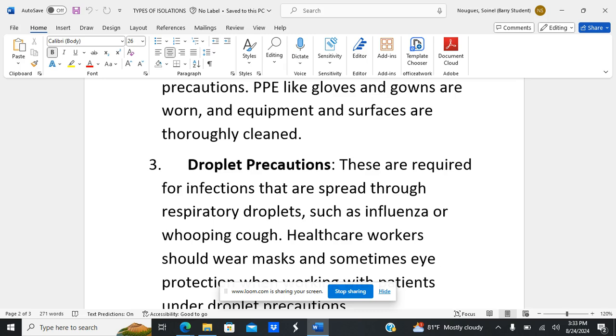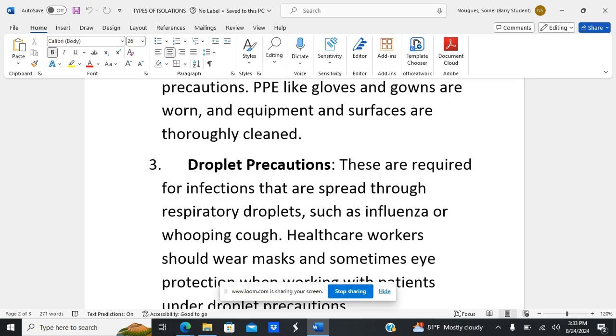It is required for infections that are spread through respiratory droplets. Patients are coughing, you are close to the patient, then you get infected, such as influenza, the flu. The flu is very contagious, so if you stay close to the patient, you will get infected.